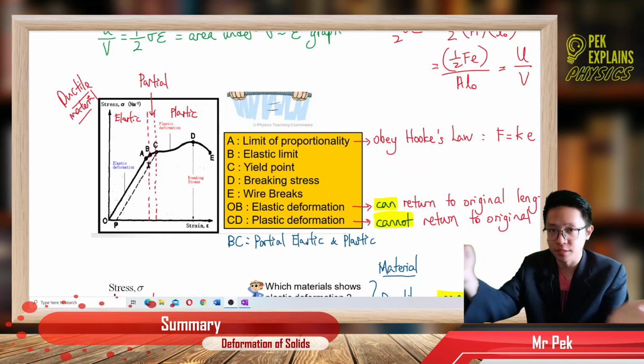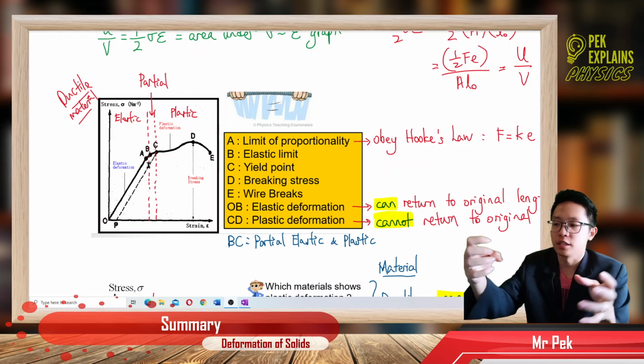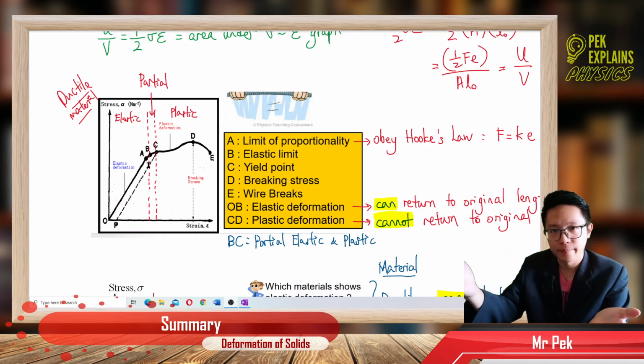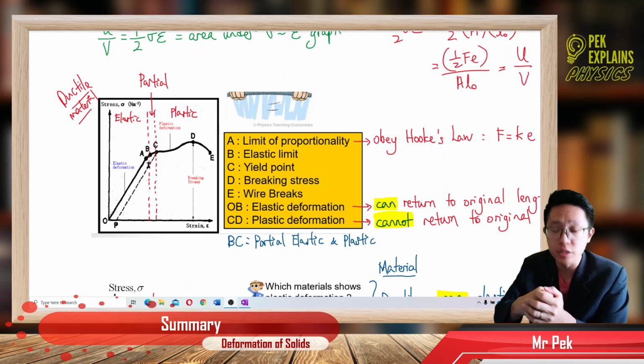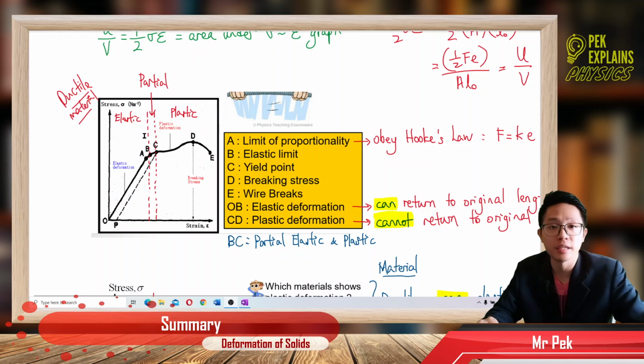When the force applied becomes zero because you release, the spring will return to original length. That's called elastic deformation. So the first part is the elastic deformation. For elastic deformation, we have a limit.